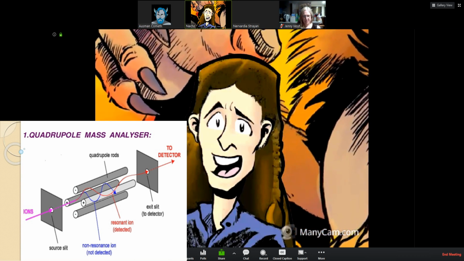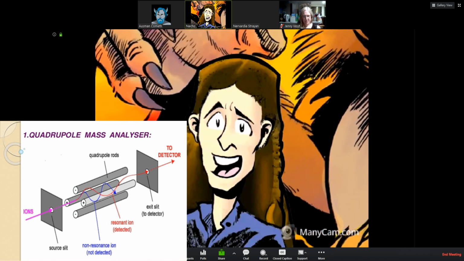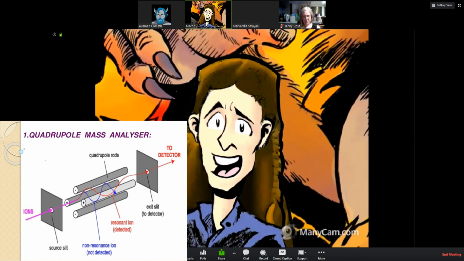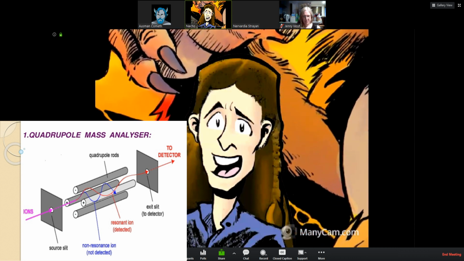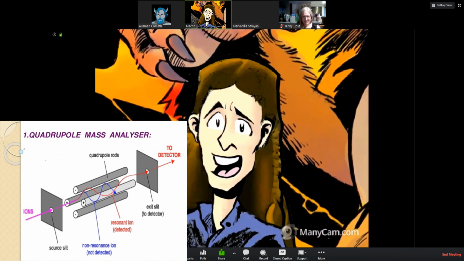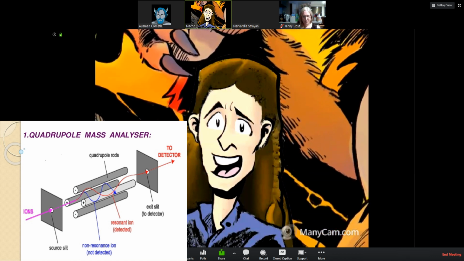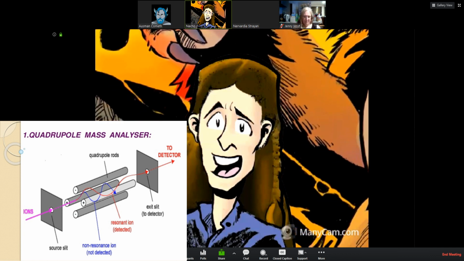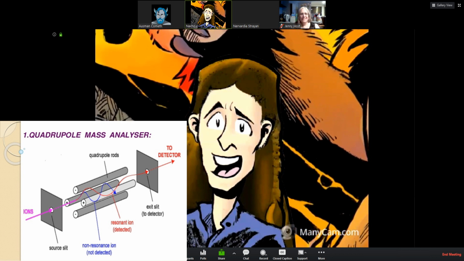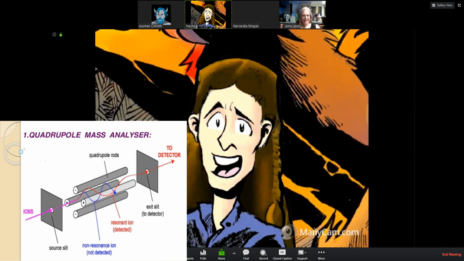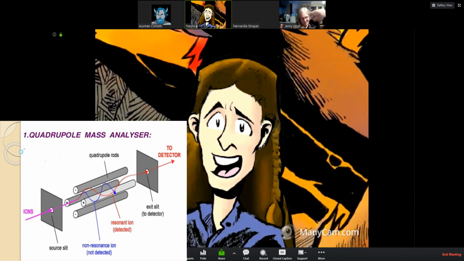So basically the quadrupole analyzer is made up of 4 rods, which has a hole in the middle. The rods are connected through a radio frequency and a direct current potential. It uses the stability of the ion's motion in oscillating electric fields to separate and select ions for transmission according to their m/z ratio.